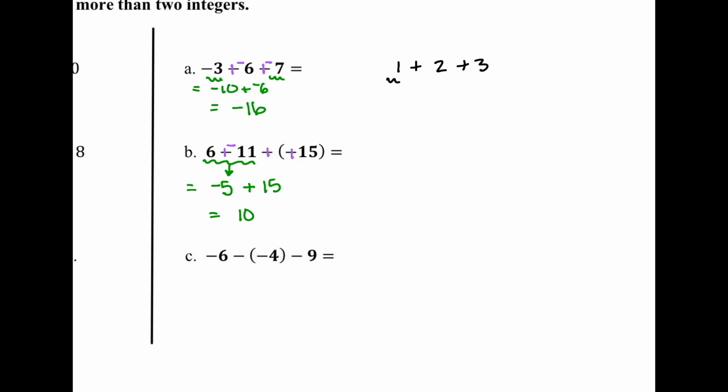And if I chose to add these two first, what I'm basically doing is exchanging these two to get the 3 next to the 1. And then I'm doing order of operations and doing the one that comes first. Okay? So switching things around is the commutative property.